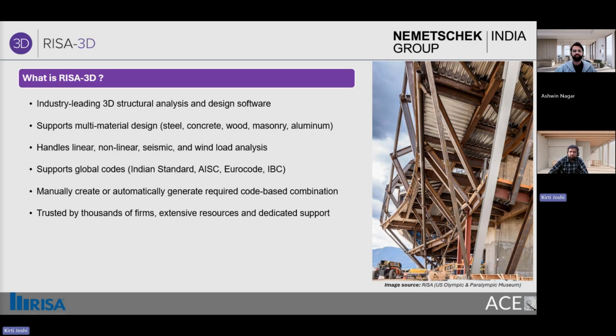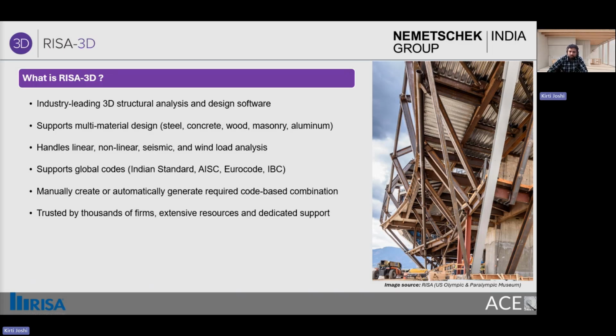So for anyone who is new to RISA 3D, I will start with a short introduction. RISA 3D is a powerful 3D analysis and design software from the Nemetschek Group, which is used worldwide and in India as well.